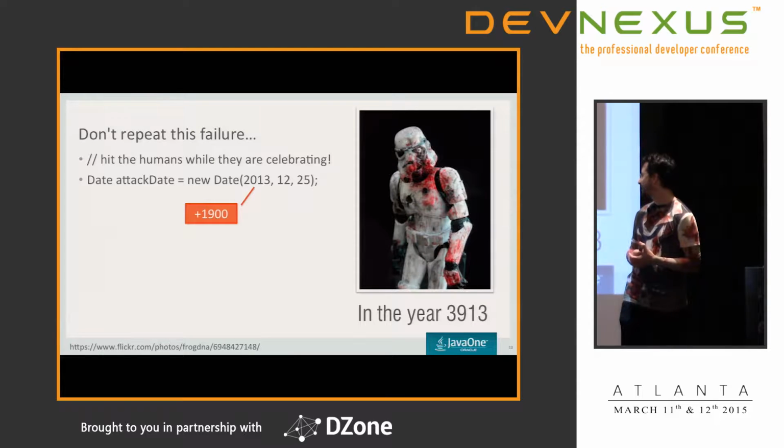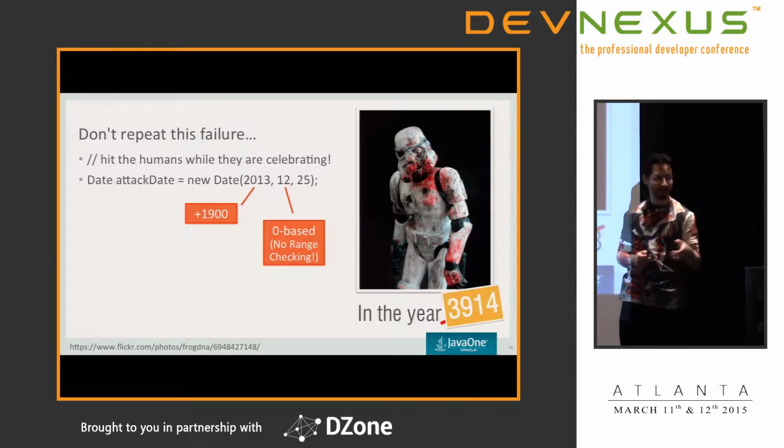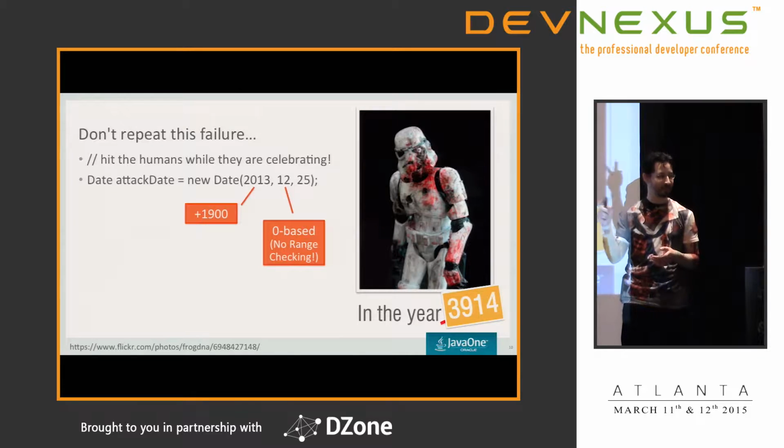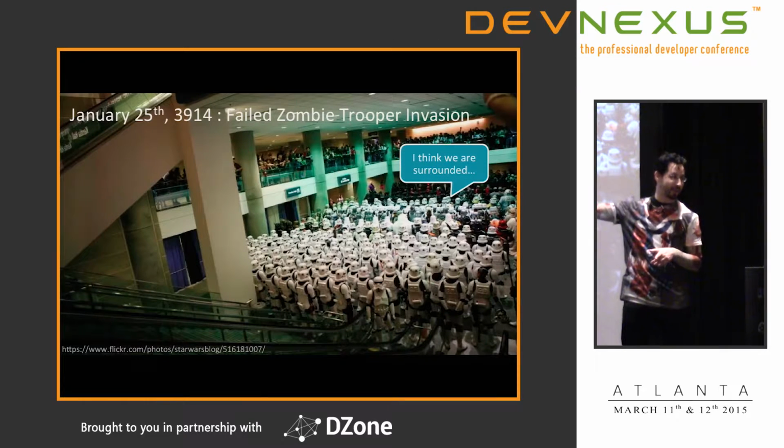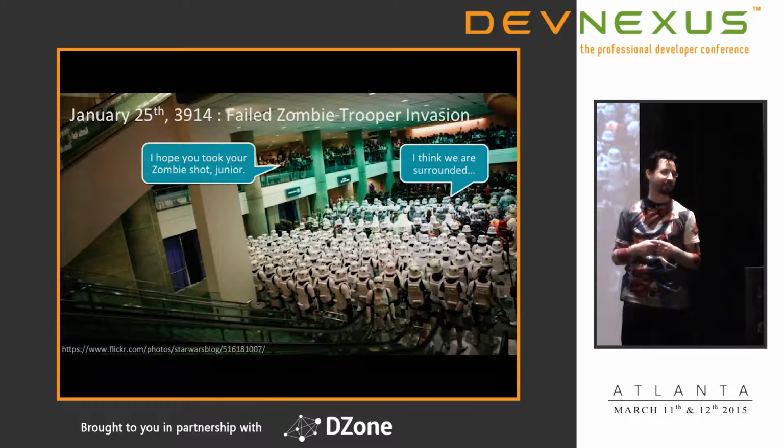So that's in the year 3913. And it gets worse. Yeah, the month. I heard someone say the month. 0 based. The 12 does not exist. Oh wait, it does exist because there's no range checks. So we're actually in 3914, January 25th.